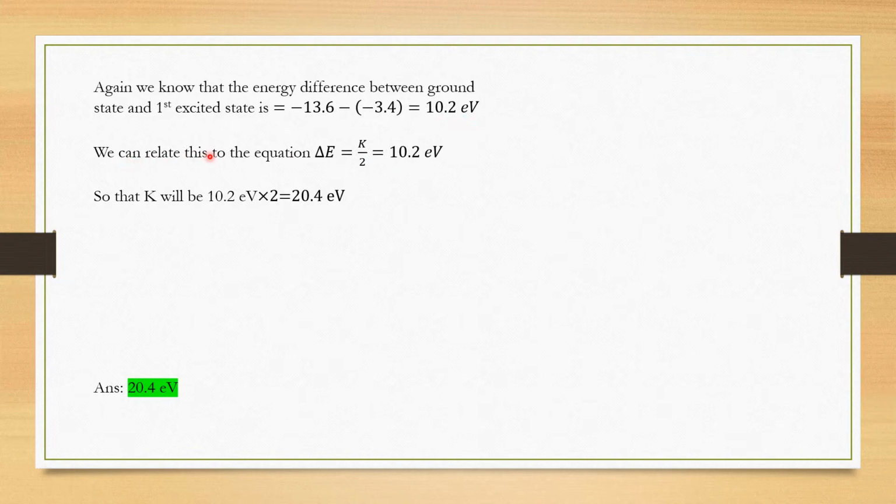We can relate this to the equation delta E equals kinetic energy by 2. So here it will be 10.2 electron volt, so the kinetic energy will be 10.2 into 2, which is equal to 20.4 electron volt. So the answer will be 20.4 electron volt.